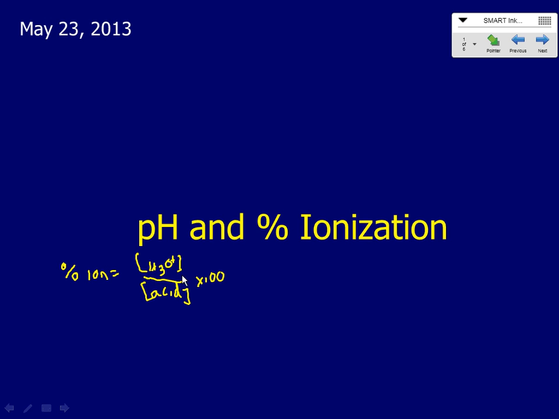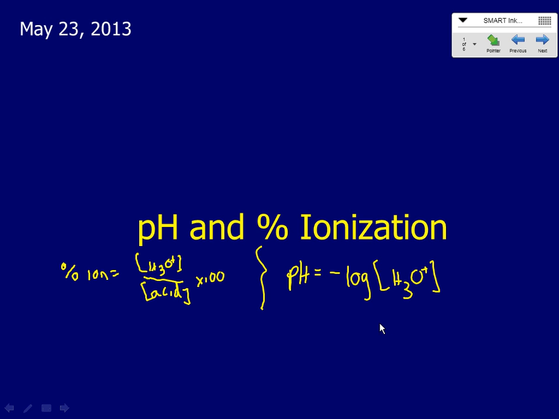And we had to rearrange it if we wanted to find the H3O plus concentration, right? We would bring the acid to the other side and bring the 100 on the bottom. That's the same as taking the percent and turning it into a decimal and then getting the H3O plus. So that's going to be important for us. In terms of pH, we have pH equals negative log of the H3O plus concentration.